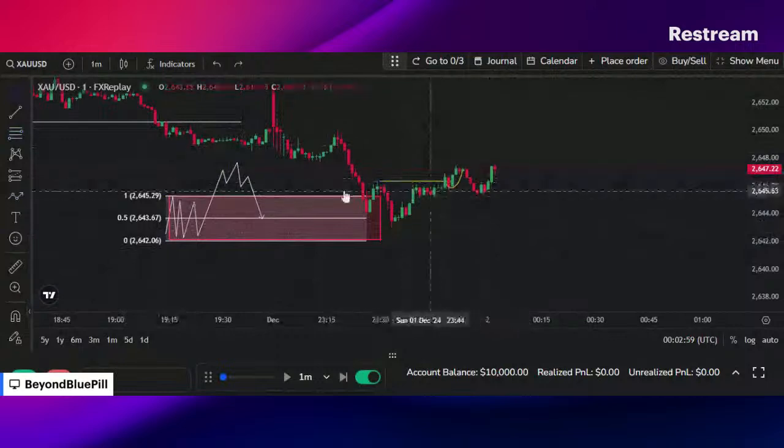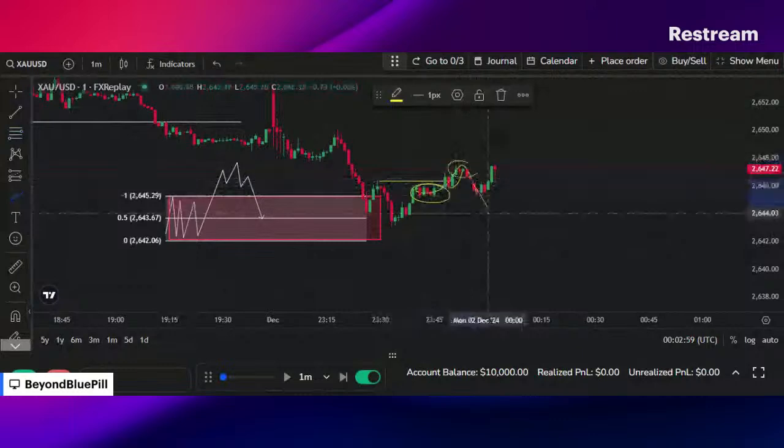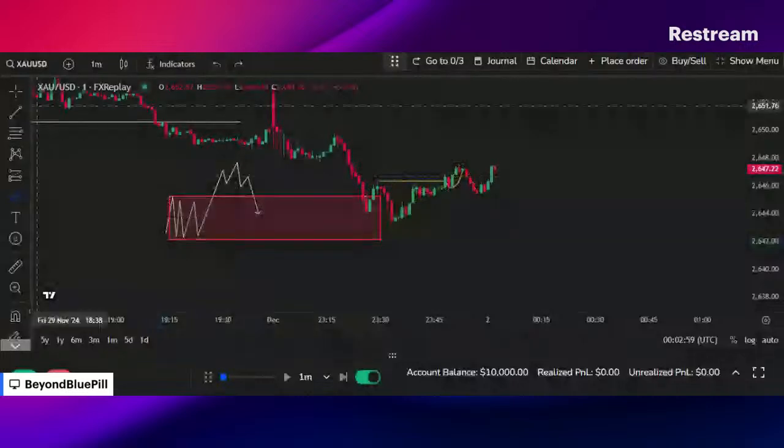It's the same thing here. We had a tiny range here, then manipulation above. We trade back. This is good. And it also includes this sweep. I also trade those sweeps. So when it's a range, it's fun.